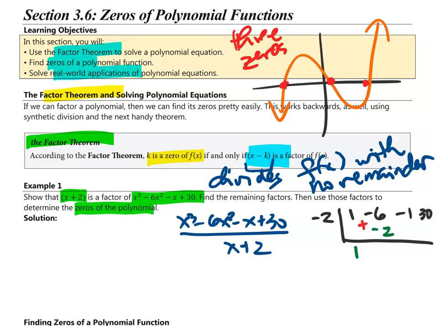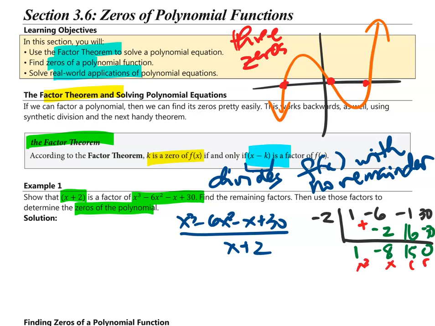Negative 6 plus negative 2 is negative 8, and then multiply. Negative 8 times negative 2 is positive 16, add, multiply, negative 30, and this is 0. So remember, this is a remainder, then the constant, x and x squared.